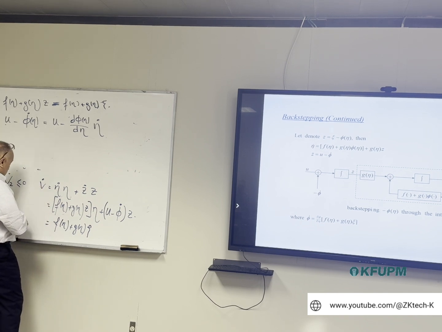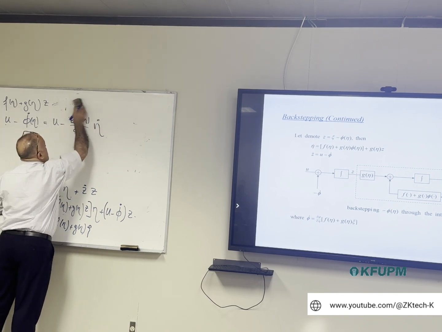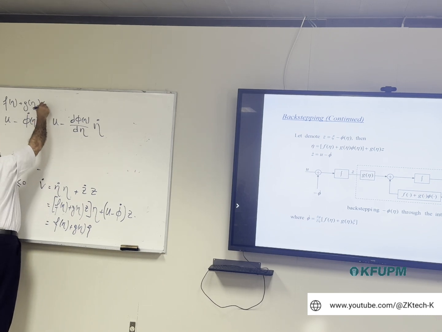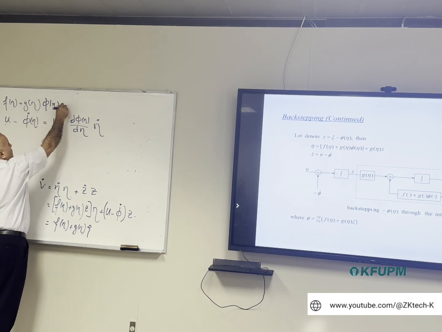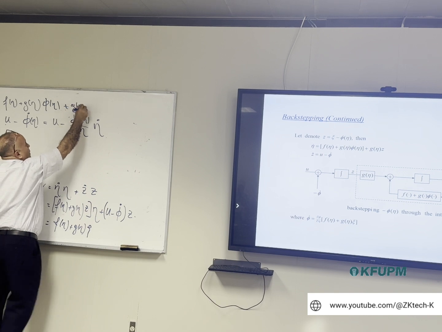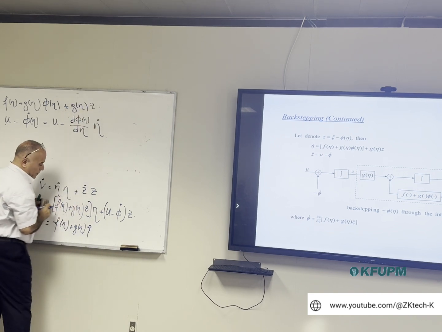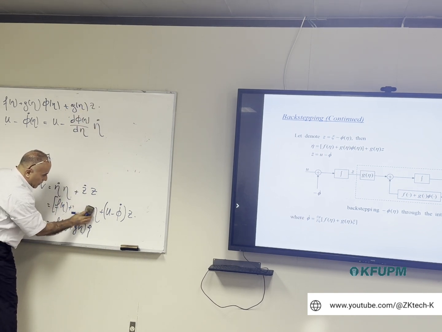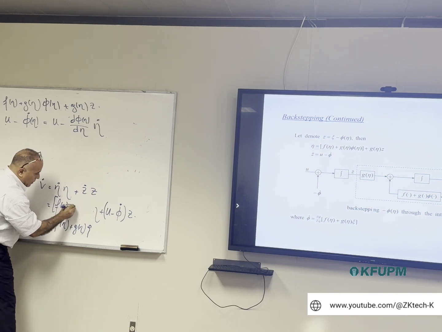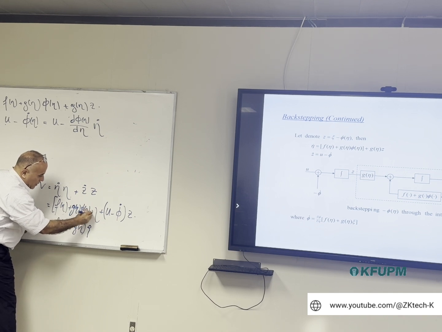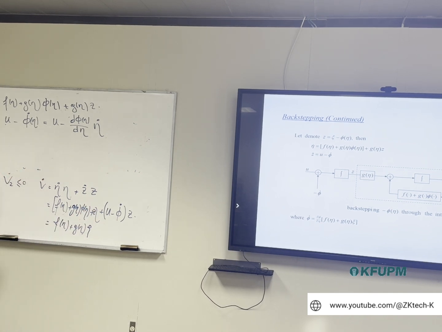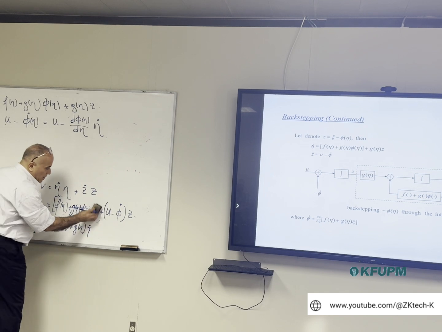Yes. So there is a phi of eta missing, plus g of eta multiplied by z. So here we are going to have g of eta, phi of eta, plus z, minus, plus g of eta times z.